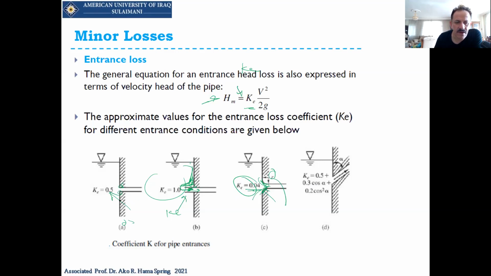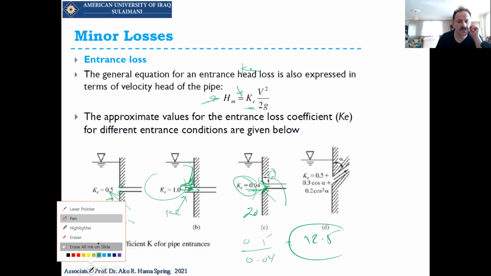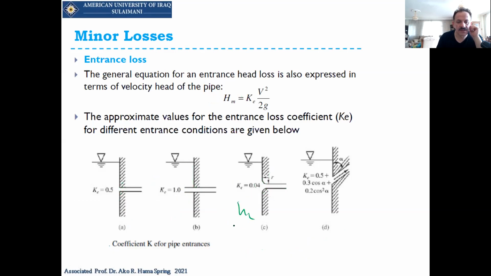So with 0.04, the head loss here is about 12.5 times less than this way, because 0.5 divided by 0.04 is 50 divided by 4, about 12.5. The head loss here is less than the head loss there by 12.5 times because of these small roundings.